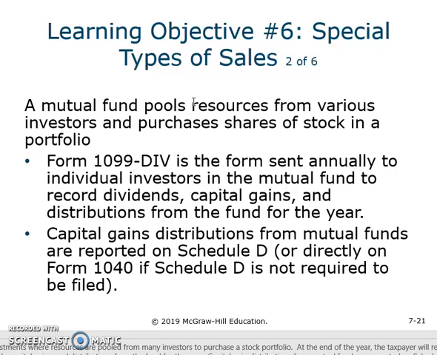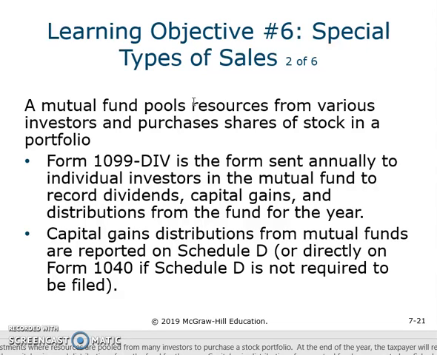An investor in a mutual fund will receive a Form 1099 dividend that is sent annually to the individual investors in the mutual fund to record any dividends, capital gains, and distributions from the fund for the year. Capital gains that are distributed from those mutual funds are going to be reported on Schedule D or directly on Form 1040 if the Schedule D is not required to be filed.